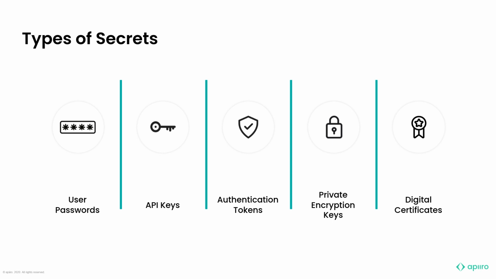So what kinds of secrets do we find inside all of those files? There's many types of secrets that are used for different purposes. We can start with user passwords that are just some text that's usually easy to remember by the user.